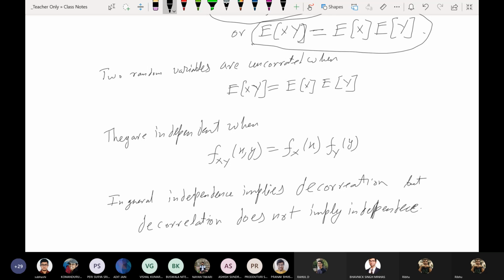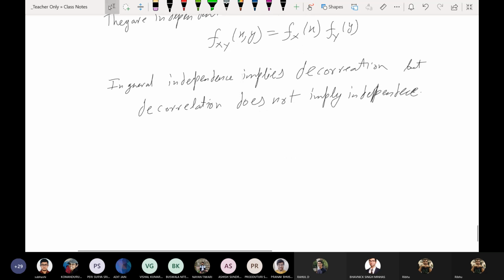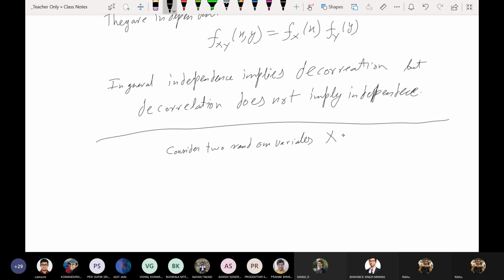Now consider this one special case that's not there in your book, but anyway, since we are at it, let's do it. Consider two random variables x and y, and consider z equal to x plus jy.